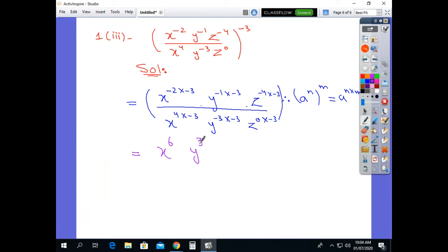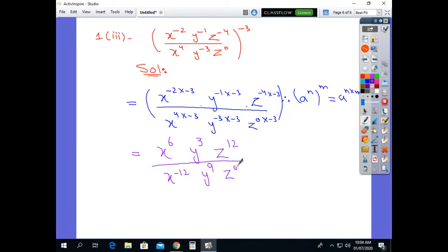Similarly, it becomes y raised to power 3 and z raised to power 12. And in the denominator, it becomes x raised to power negative 12, because 4 is positive and 3 is negative, and positive and negative becomes negative. y raised to power 9, and 0 multiplied by any number becomes 0.